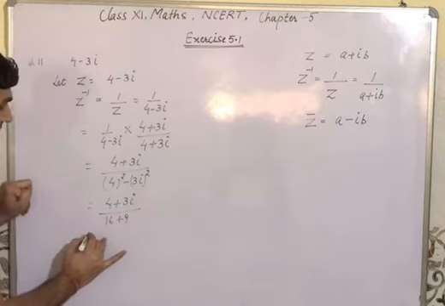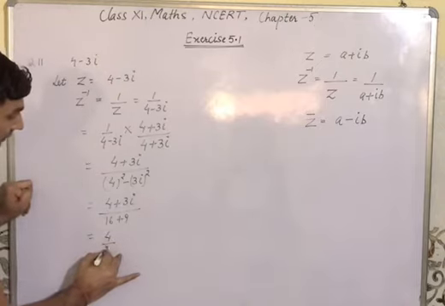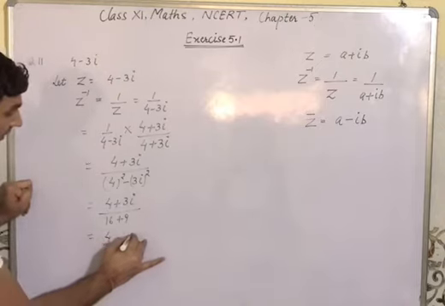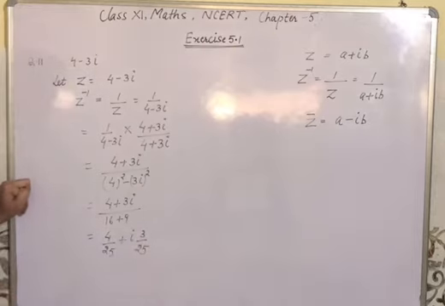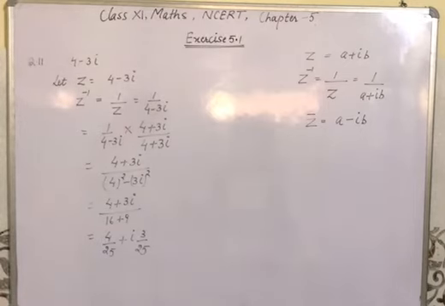Then 4 upon 25 plus i 3 upon 25 is the multiplicative inverse of 4 − 3i.